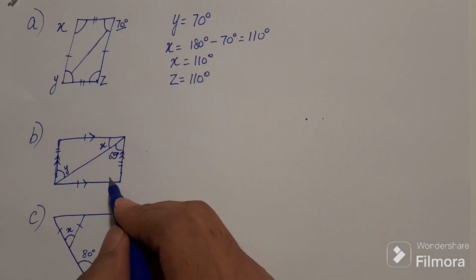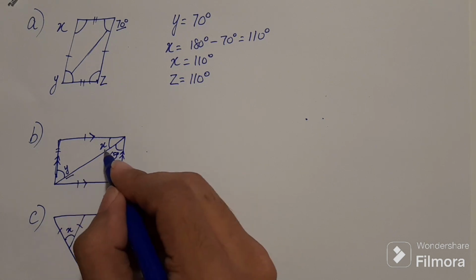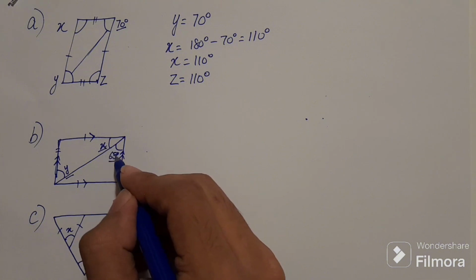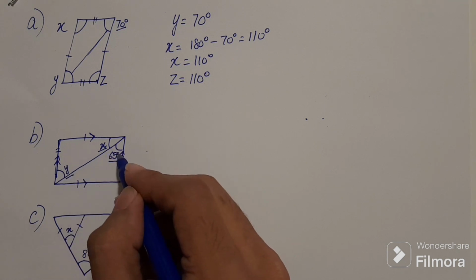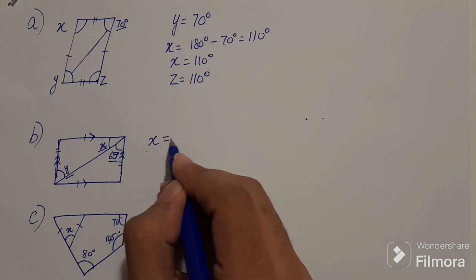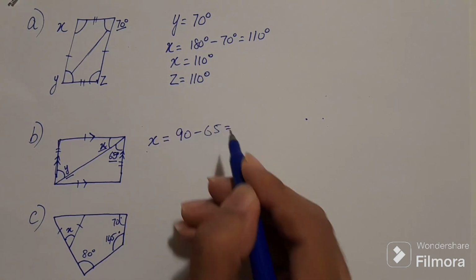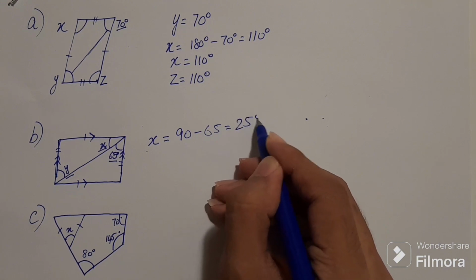Question B, we have a rectangle and over here we have 65. We have to calculate the value of y and the value of x. So x and 65 will add up together to become 90, because in a rectangle all angles are 90 degrees each. So we will calculate the value of x by writing 90 minus 65, that is 25 degrees.